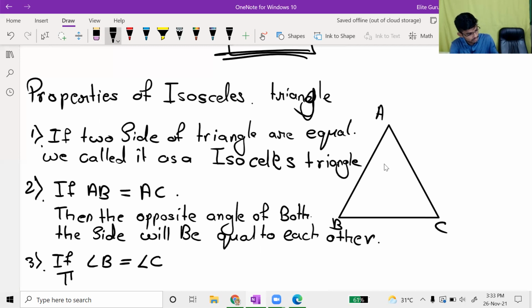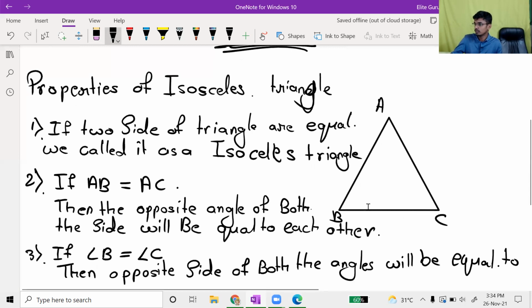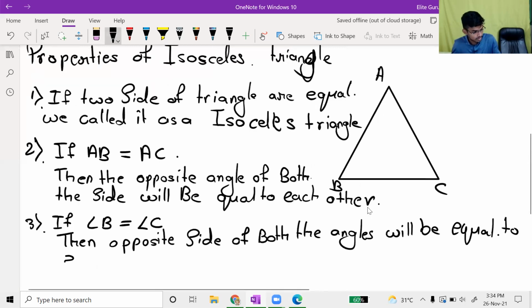then the opposite side of both the angles will be equal to each other.